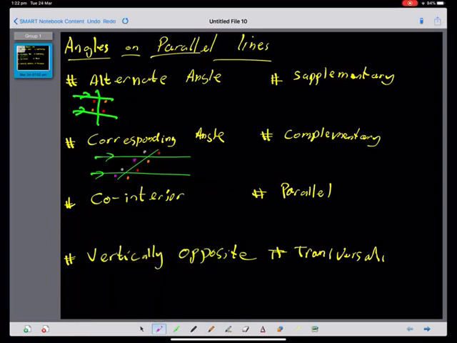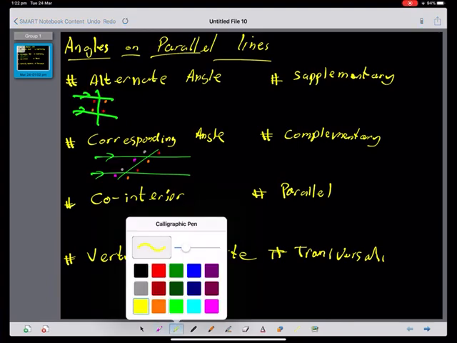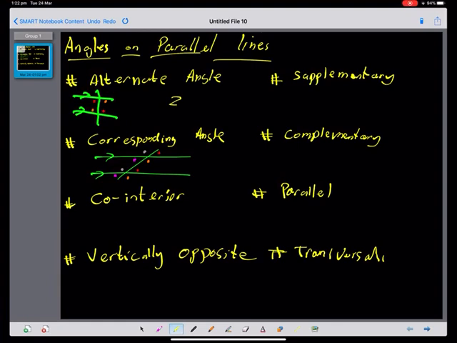Co-interior angles are the C angles. Let's go back and say that alternate is the Z shape. Corresponding is the F shape. Co-interior are these angles.